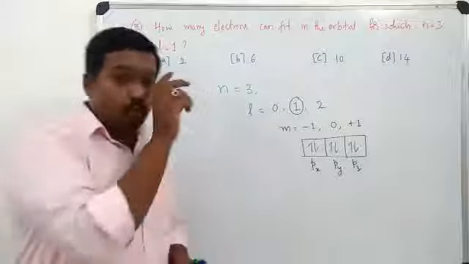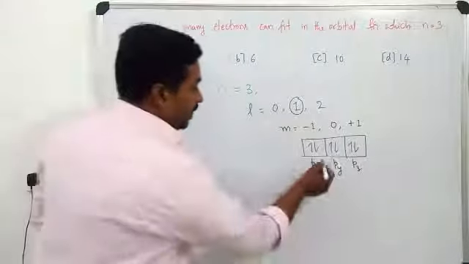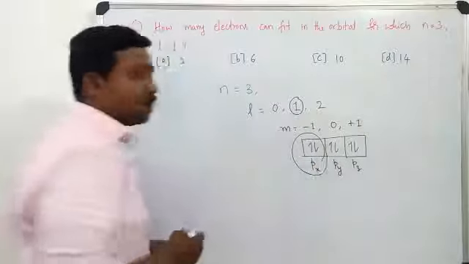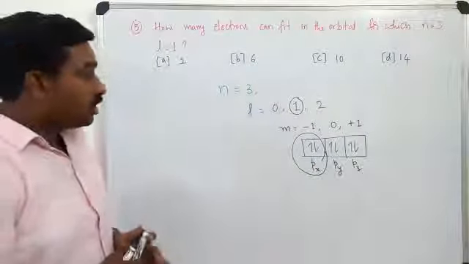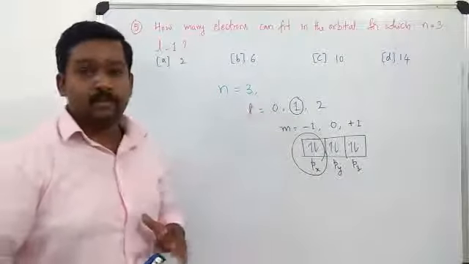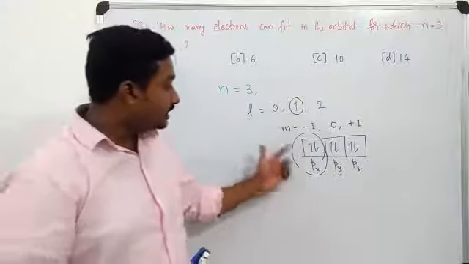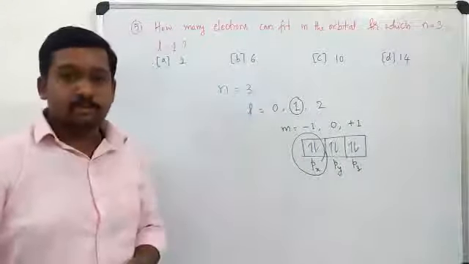It is only in one orbital. In a specific orbital, how many electrons can fit in one orbital is the question, not how many electrons can have the values n equal to 3 and l equal to 1. So usually students get confused thinking that there are 6 electrons possible and they mark it as option B.